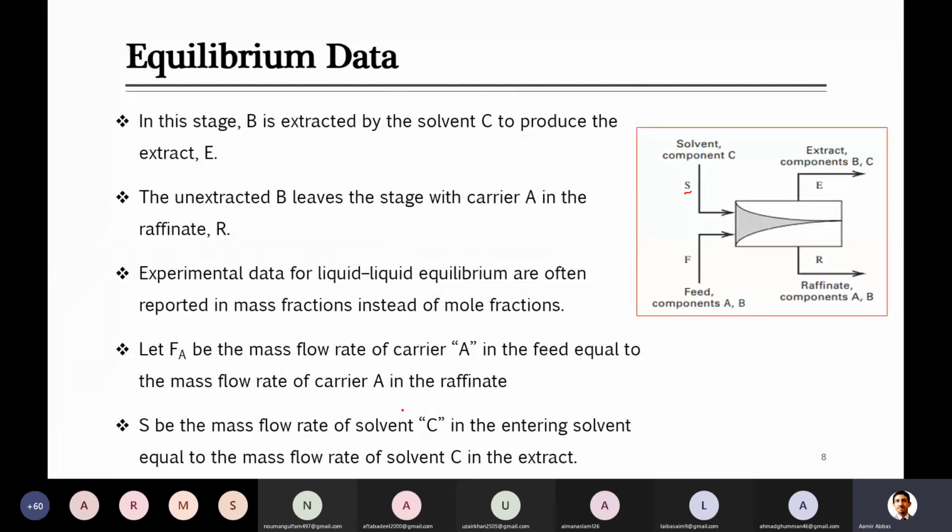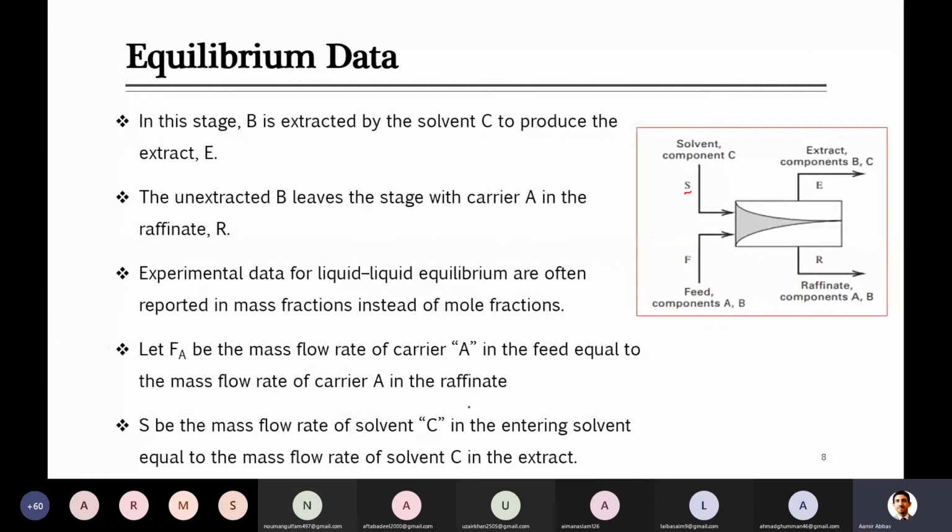So mass of B in, that is only in the form of feed, will be equal to mass of B in the extract stream plus mass of B in the raffinate stream, because the solvent stream initially doesn't have any solute.